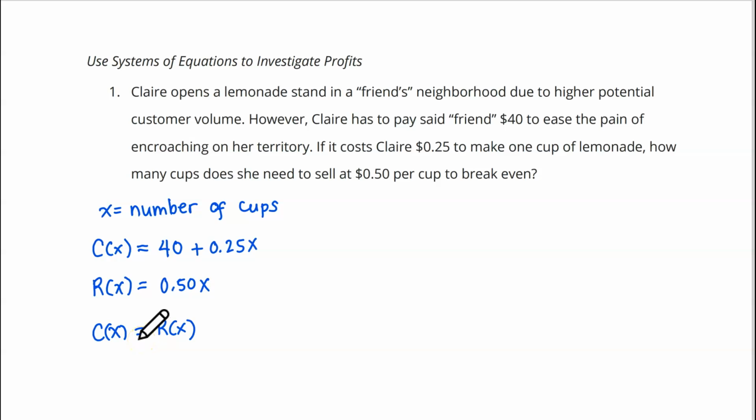Therefore, we have 40 plus 0.25x, that's the cost, equal to revenue, which is 0.50x. Solving for x in the equation here, we have 40 equal to 0.25x. And then you divide both sides by 0.25.